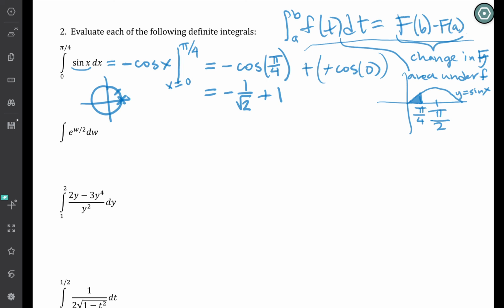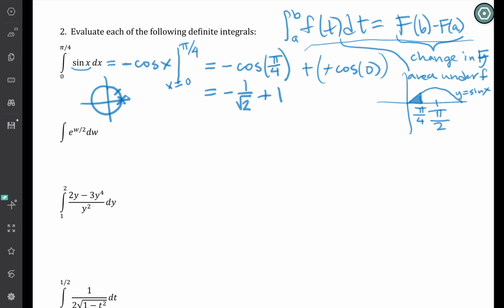So the definite integral thing, we've just made a claim that there's a big connection between definite integrals and antiderivatives. And I want to make that idea even a little bit stronger and easier to remember by saying to find a definite integral, we find the antiderivative and evaluate at limits.